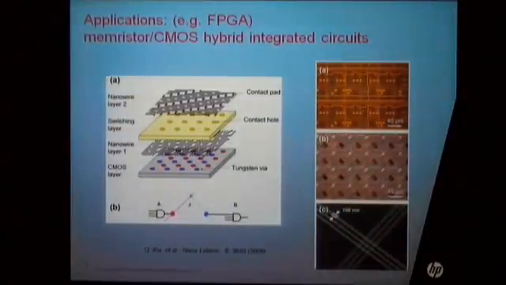First, the hybrid circuit. It is related to FPGA-type applications. We know an FPGA-type chip usually has one issue: most of the chip area is not occupied by the CMOS devices. Rather, it is actually occupied by the wires and connections.